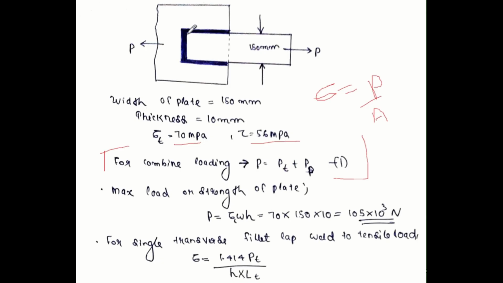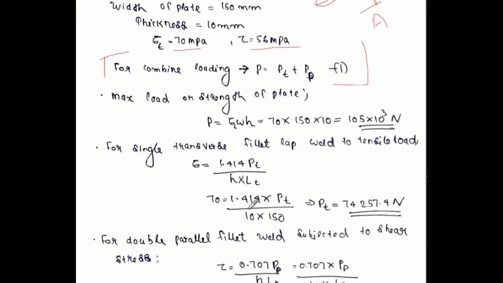Next, we know there is a single transverse weld and two parallel welds. For the single transverse weld, this will be the formula; you can find it in the data book. In this equation, you need to find PT. We know the value of sigma due to tensile stress.